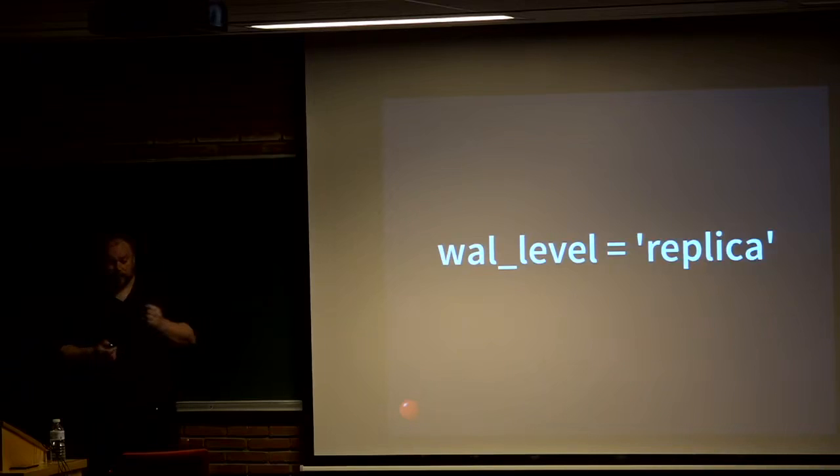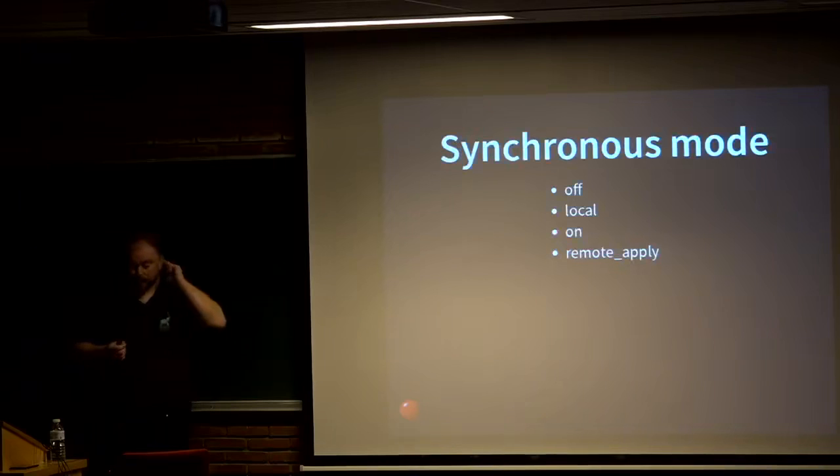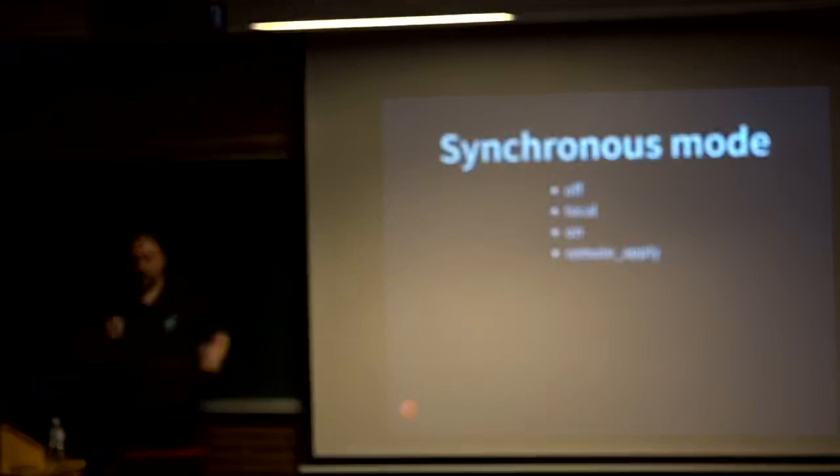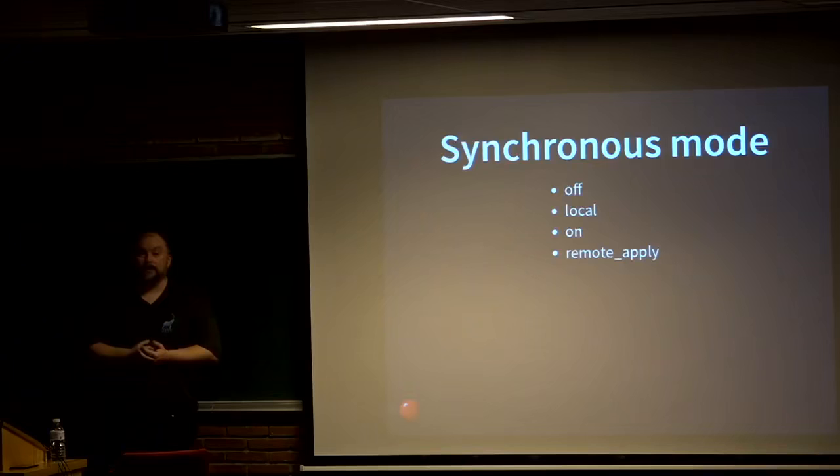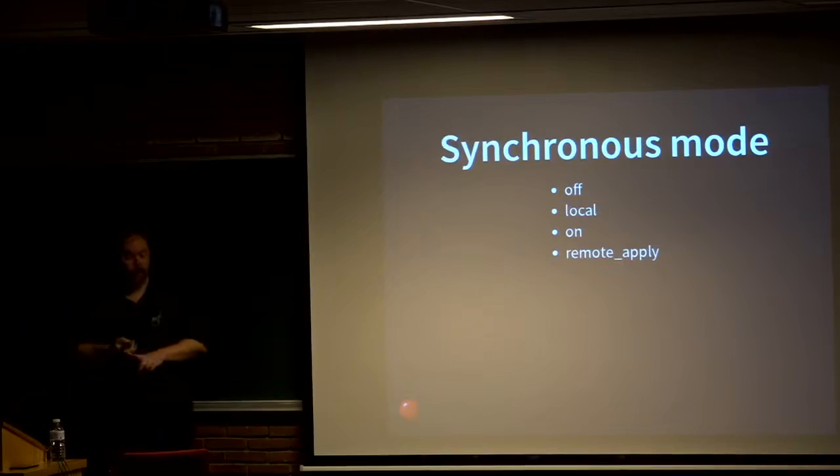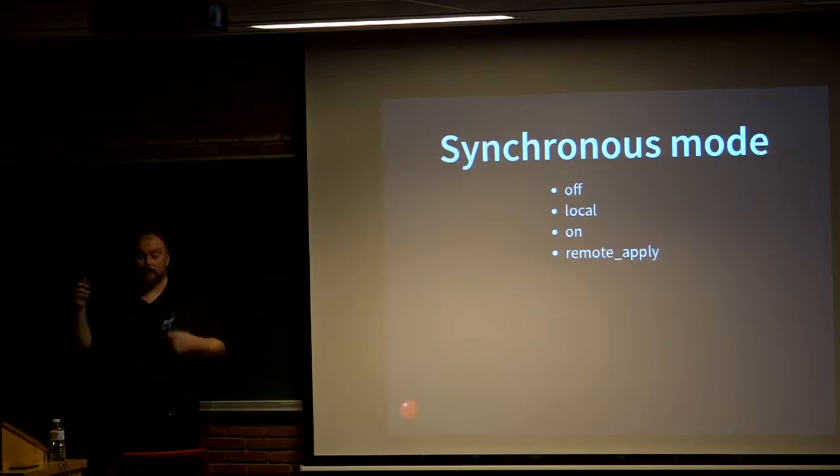The other things that you want to set about this is the synchronous mode options that you can set on a per transaction basis, where we have the ability to set it to off, local, on, or remote apply. If you set it to off, that actually means that your transaction will also become locally asynchronous. So if your primary crashes or just reboots or something, you may actually lose your very last transaction.